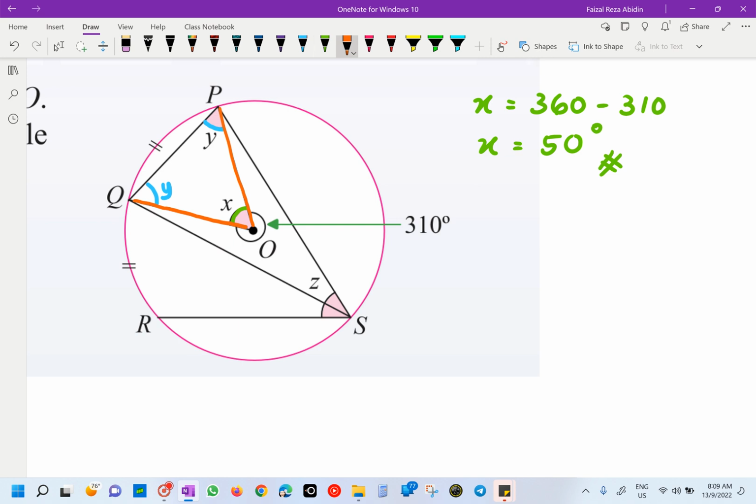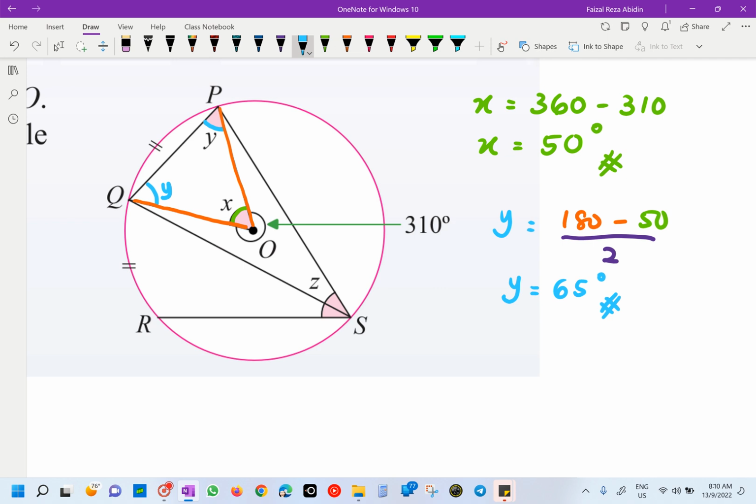So to find your y here, 180 for what? The sum of the interior angles for our triangle is 180. So we minus our x there, 50 degree, first. Then we divide it by 2 because we have 2y over there. So 180 minus 50, we get 130, divided by 2, you are going to get 65 degree. Can, class?